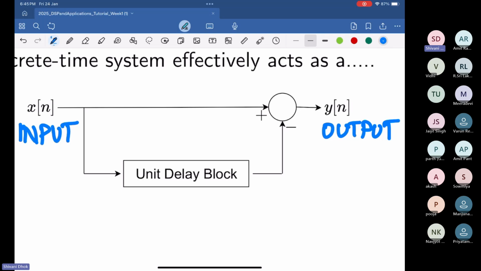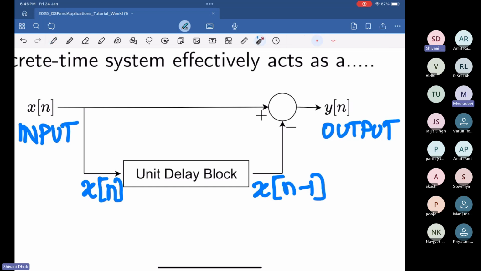And what does this unit delay block do? If you observe, this x of n is input to this unit delay block also. So whatever input is available to this unit delay block, it delays it by 1 unit. So the output of this unit delay block is a delayed version of the input, delayed by 1 unit.